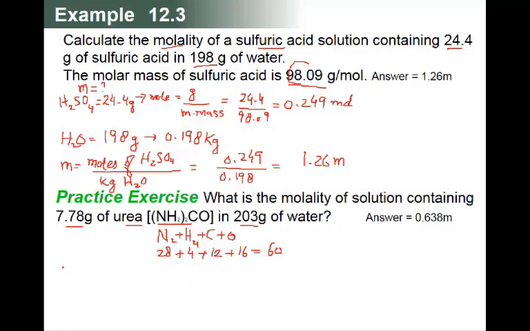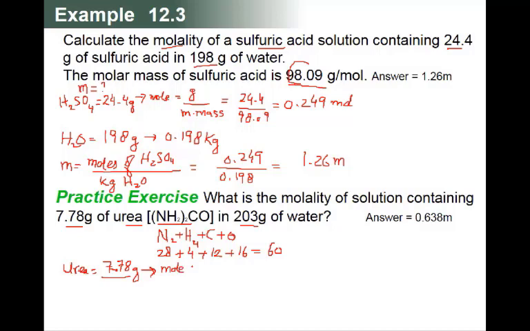Now you can say the urea, how much urea is equal to 7.78 gram urea. This is gram. This you will change into number of moles. So how to change to number of moles?